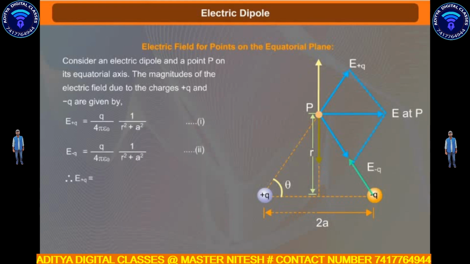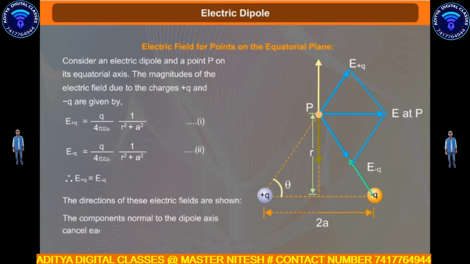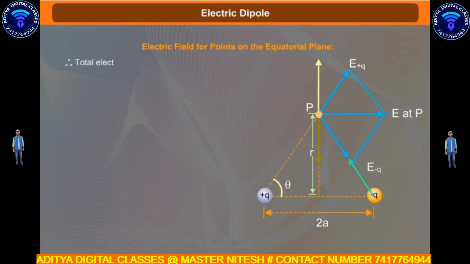Therefore, E due to +q is equal to E due to −q. The directions of these electric fields are shown. The components normal to the dipole axis cancel each other. The components along the dipole axis add up. Therefore, the total electric field is given as E is equal to −(E due to +q plus E due to −q) cos theta.